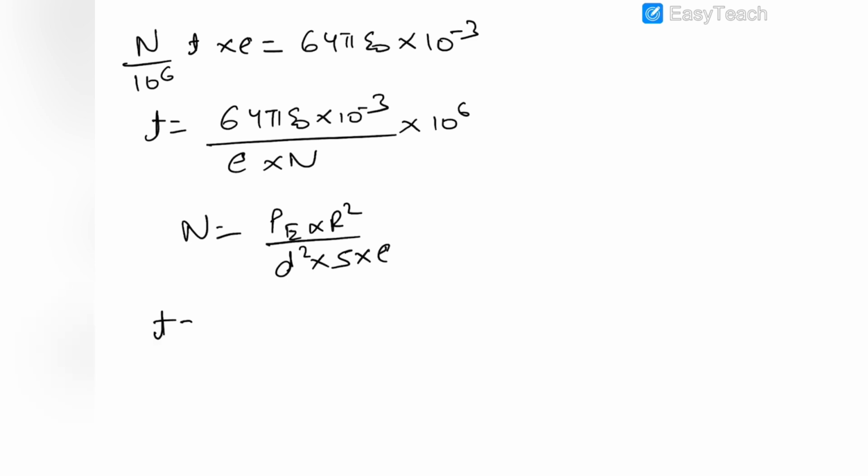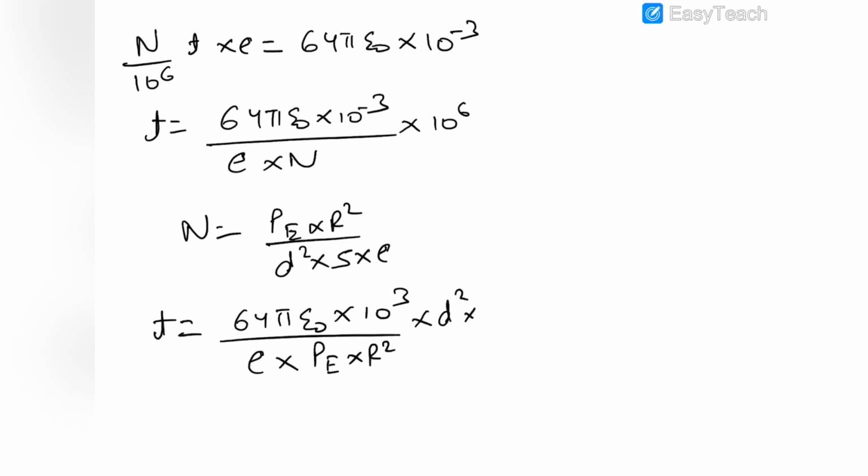So time will be equal to 64 pi epsilon naught into 10 raised to power 3 divided by e, and divided by power emitted into r square by d square into 5 into e, cancelling this e with e. So we know that d is equal to 0.8 meter, r is equal to 8 mm.